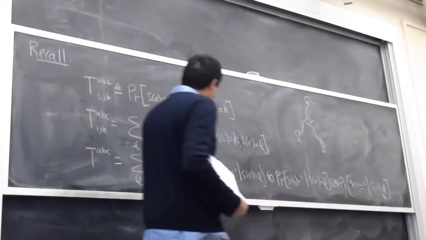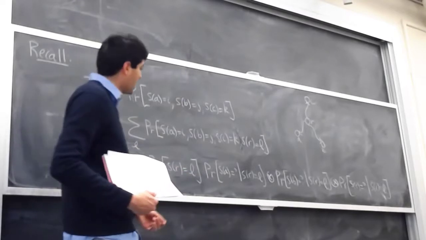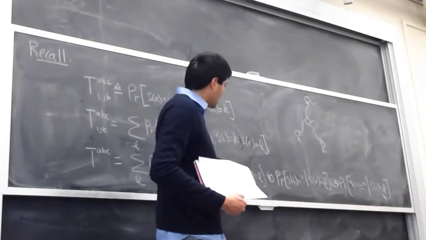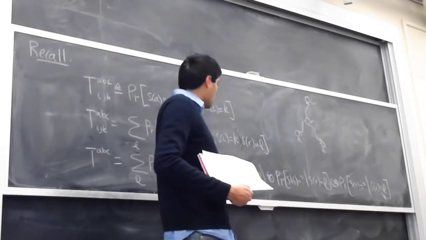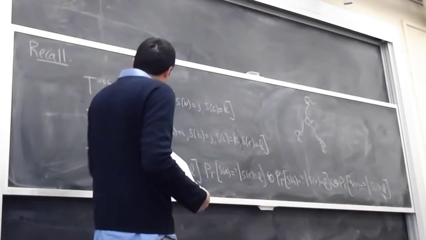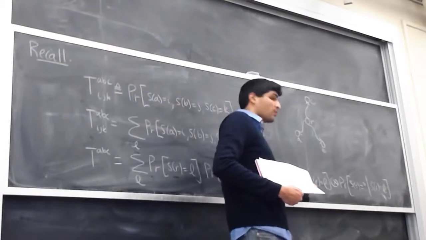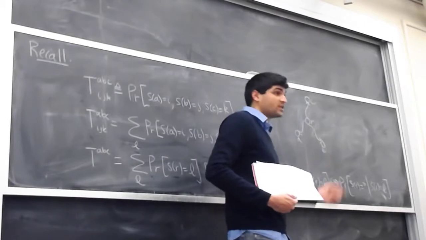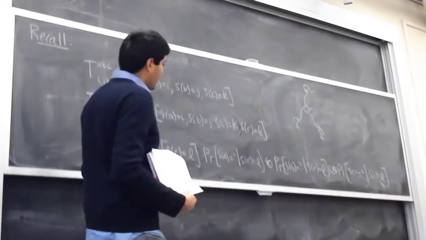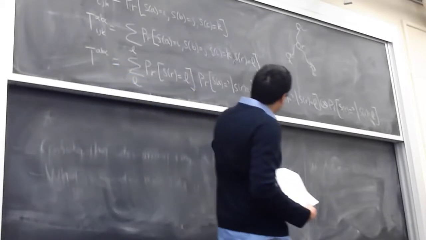But the important point is that the structure of this tensor is once we condition on the state of R, then we have these conditionally independent random samples, which are just outer products. Because the probability of getting S of A equals I is just this product times the probability that S of B equals J conditioned on the hidden state, and similarly for C. So we can write this out now in terms of our transition matrices.